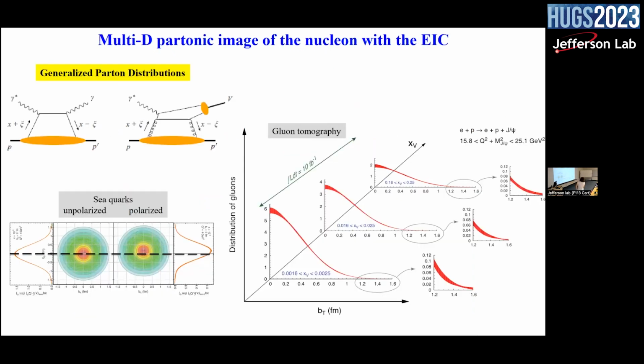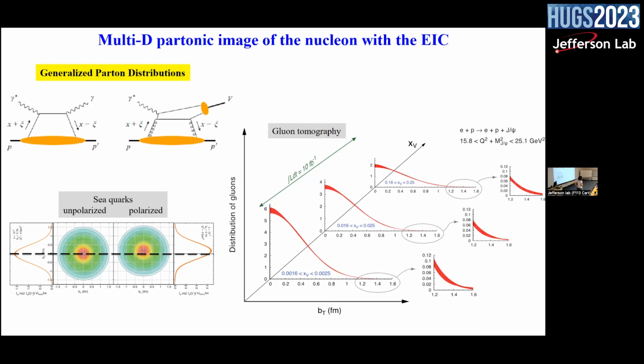So as far as the exclusive reaction measurements that we can do with the EIC, we could still think about measuring the VCS, and then we can have the measurements of vector mesons, such as the J/psi, exclusive electroproduction, which will tell us more.